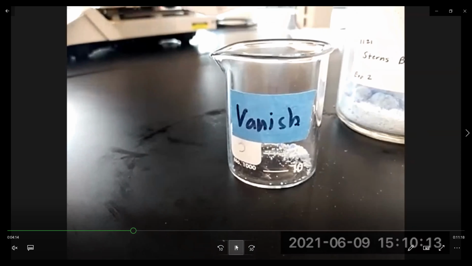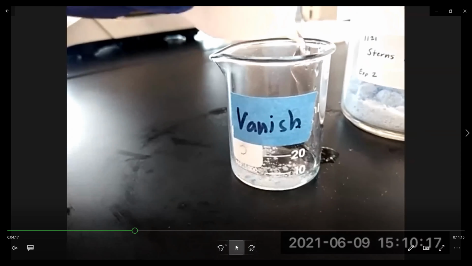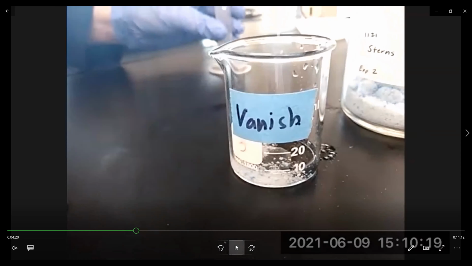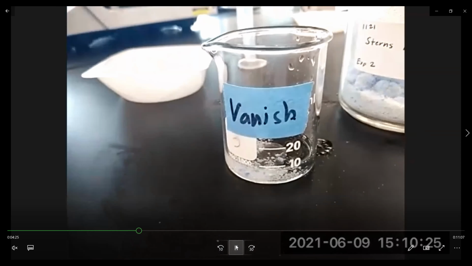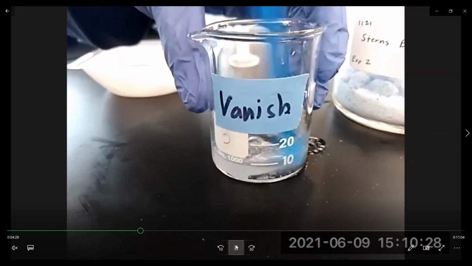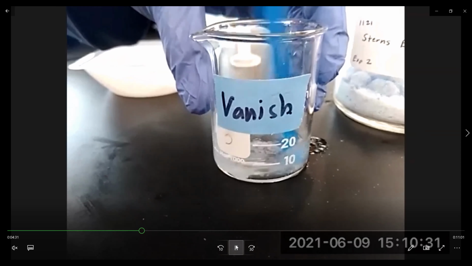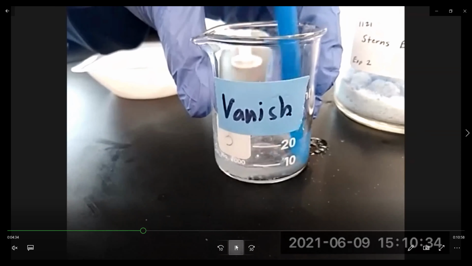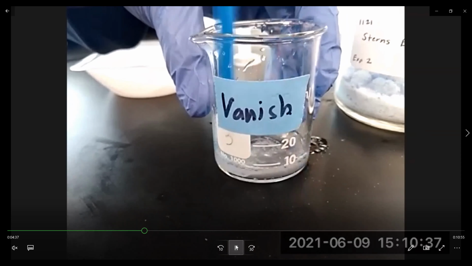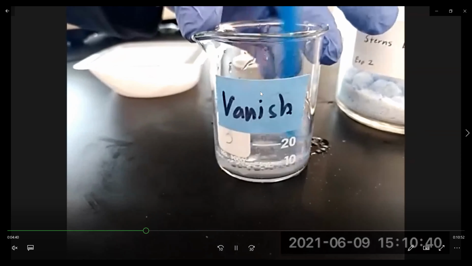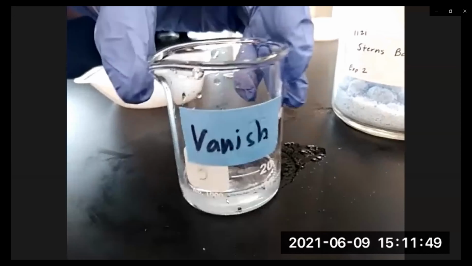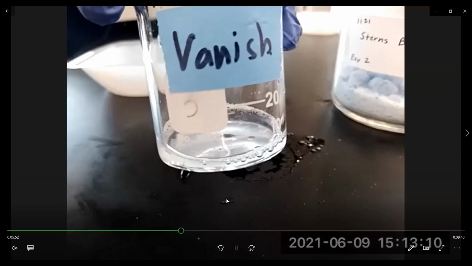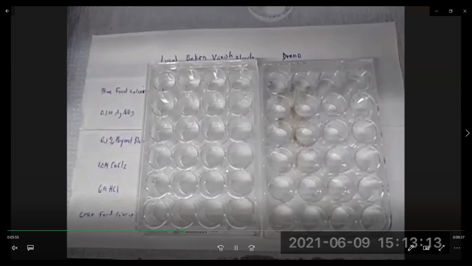So we add the Vanish powder and the 5 milliliters of water. It does take a little bit of time to dissolve the Vanish into the water, but it looks something like this when it's dissolved. Now we're ready to add our reagents.